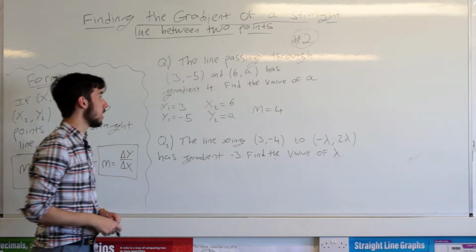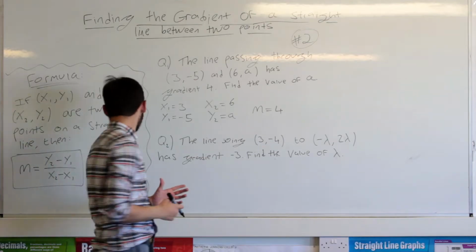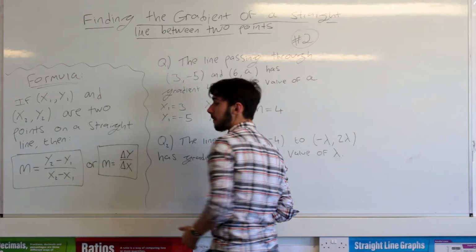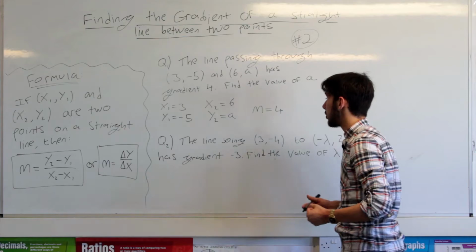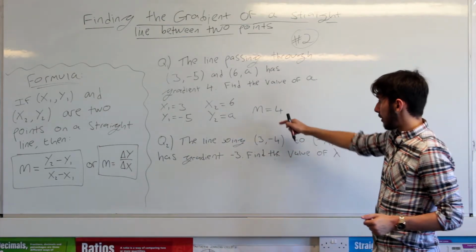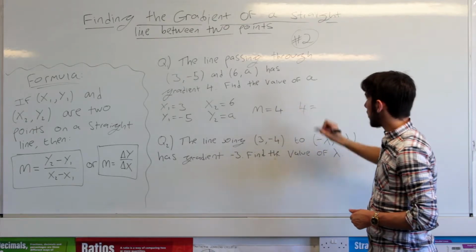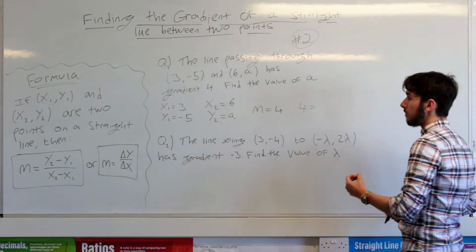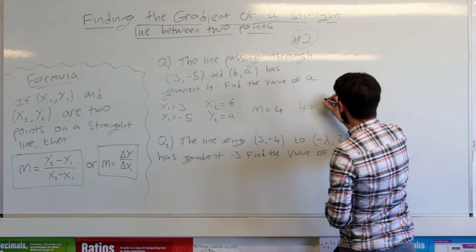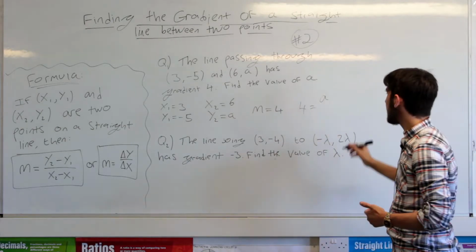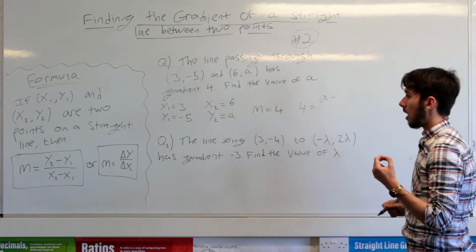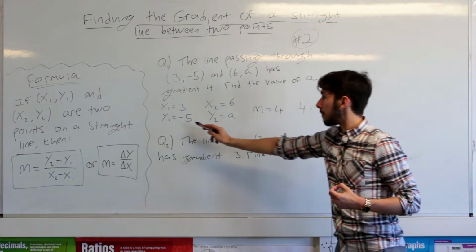Okay? So using the formula, we're going to plug things in. m is 4, that's the gradient. We're going to say that 4 is equal to y2, which is a, minus y1. y1 is -5.